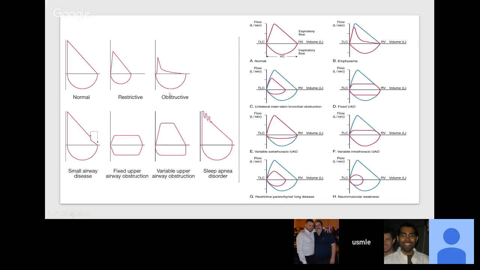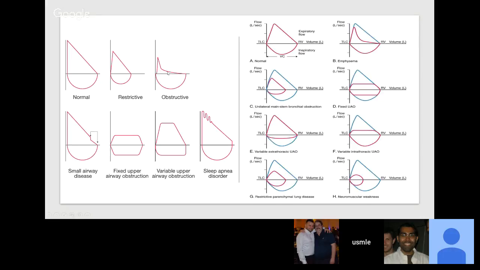Now, obstructive. Obstructive means there's an obstruction. So you can have air coming in, but air cannot come out. The amount of air that comes in would be the same as normal. The air that comes out, the expiratory flow, is going to be decreased. So the triangle disappears, and you're going to have a kind of plateau that decreases. Think of it like an action potential for your muscle contraction.